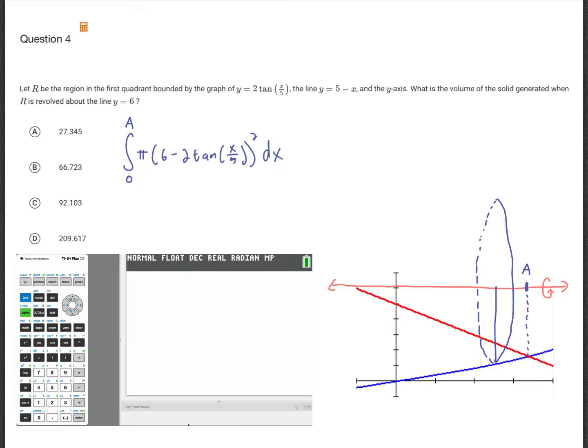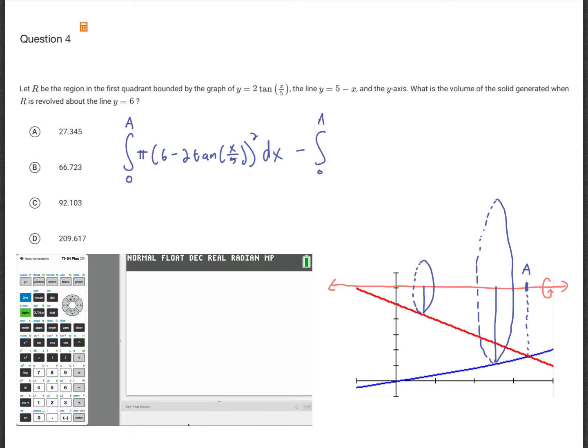So that'll be our first volume, but we've got to hollow it out. Now we'll notice the cross section of the hollowed out part is going to be a radius. That'll be the inner cross section.